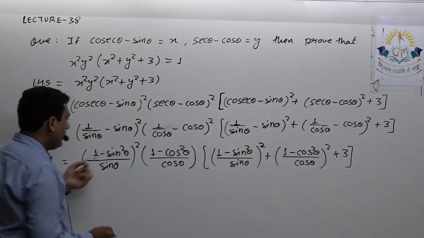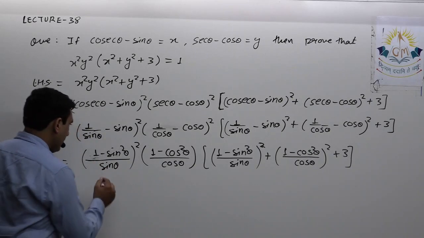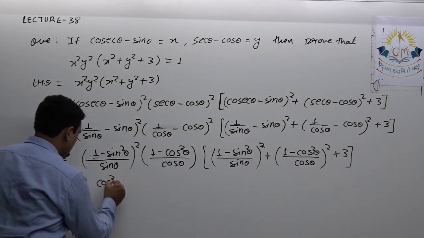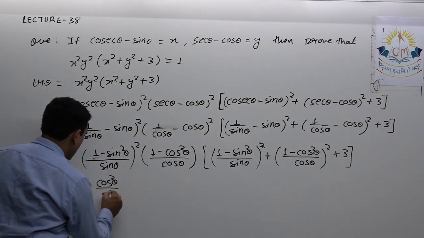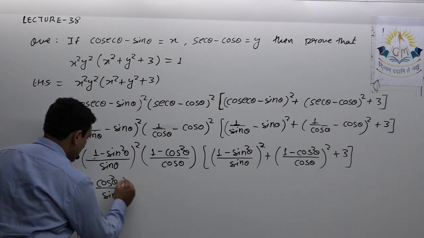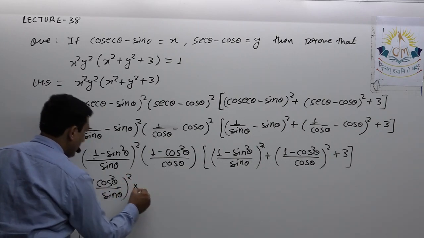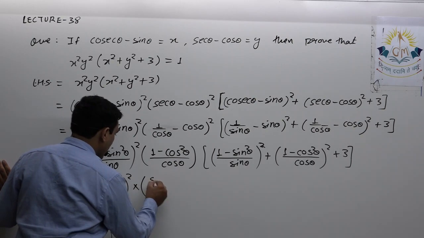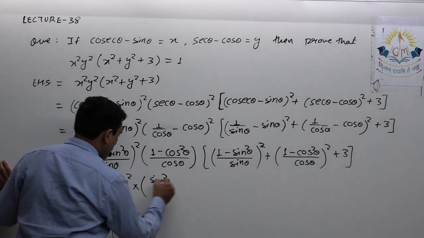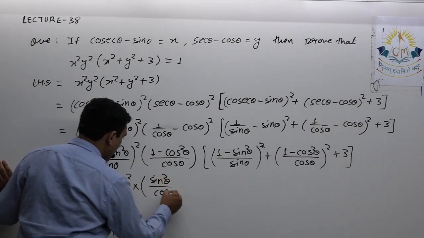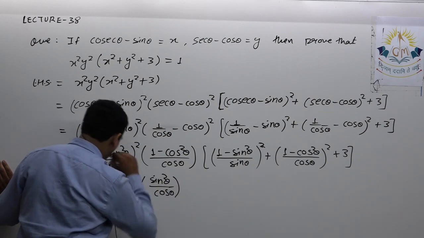Now here 1 minus sine square theta can be written as cos square theta upon sine theta whole square multiplied by 1 minus cos square theta, that is sine square theta upon cos theta whole square.